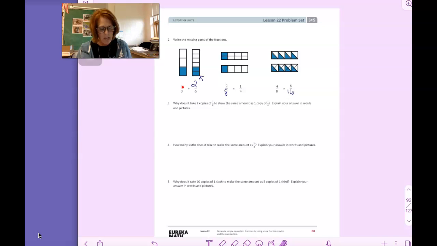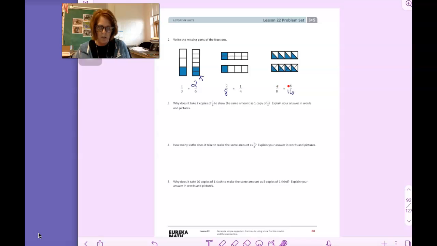I want you to look at these fraction pairs and see if you can find any pattern. We go from 1 to 2 in the numerator, 3 to 6 in the denominator. How do we get there? What do we do? Here we have 1, and then we go to 2, 4, and we go to 8. What can we do to those numbers to get these new numbers? Same thing with 4/8.